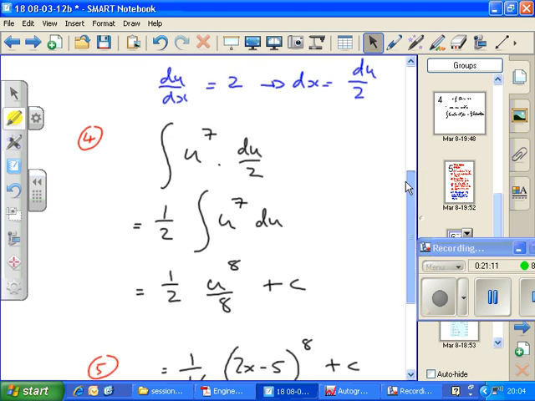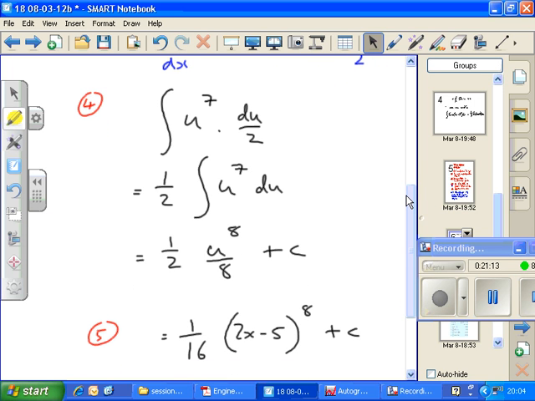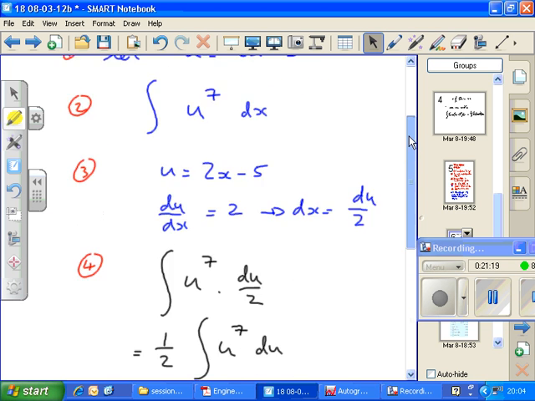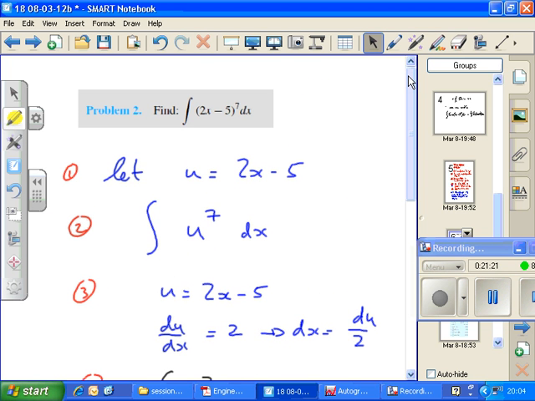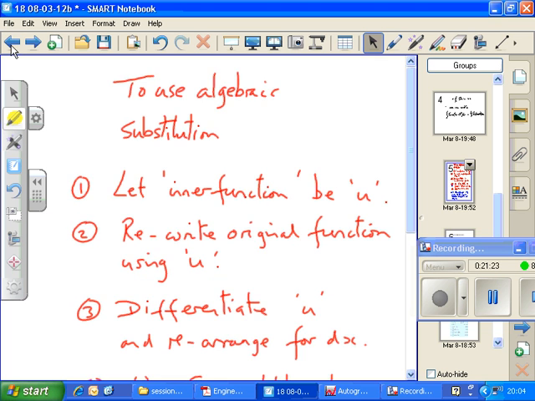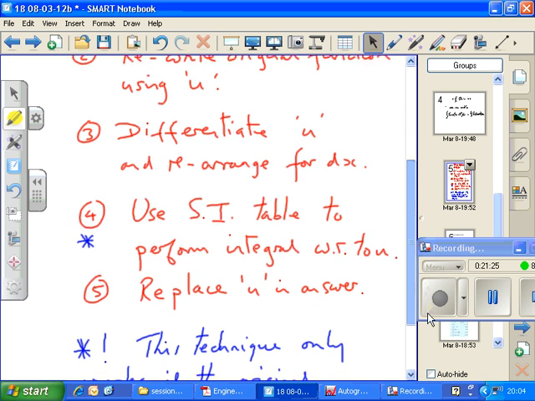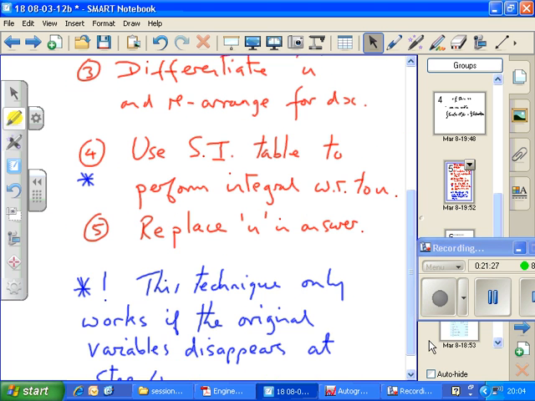So looking back at our list, at step 4, the x disappeared when we substituted back in, and so that's okay, we can do the integral. On the previous page, when we go to step 4, we wrote to use the standard integral table to perform the integral with respect to u.